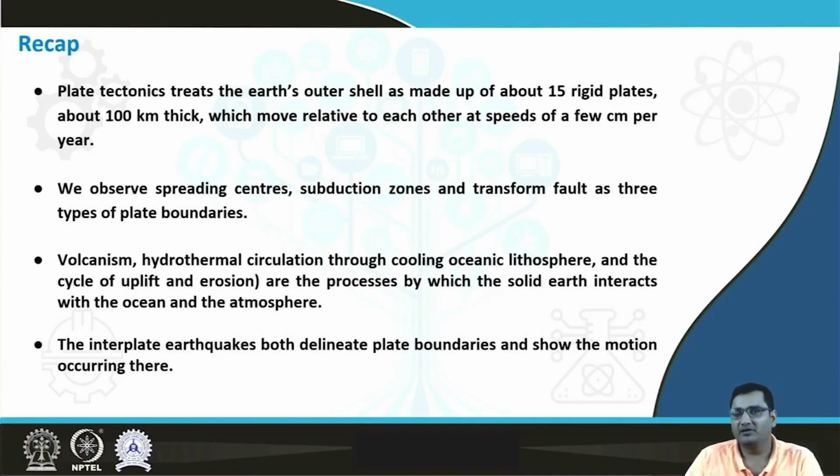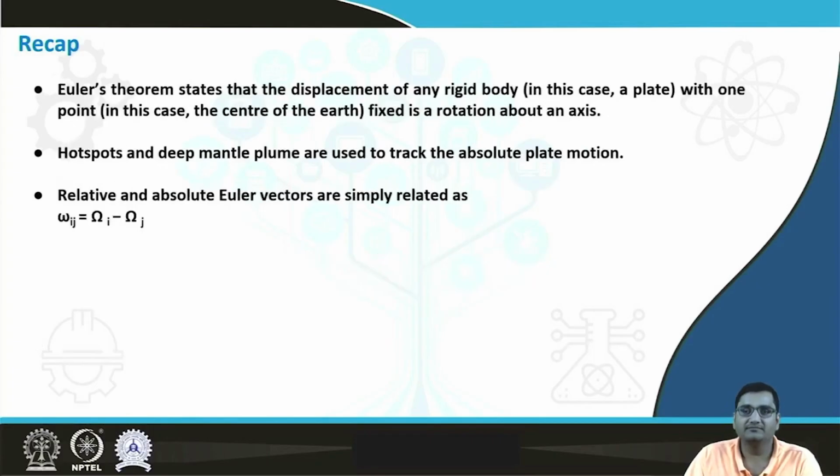Volcanism, hydrothermal circulation through cooling oceanic lithosphere, and the cycle of uplift and erosion are processes by which the solid earth interacts with the ocean and the atmosphere. The interplate earthquakes both delineate plate boundaries and show the motion occurring there.